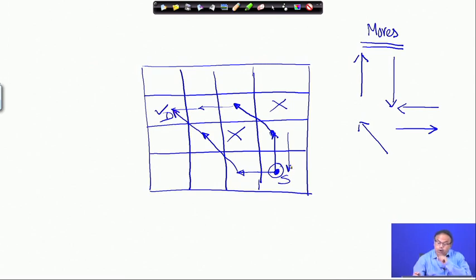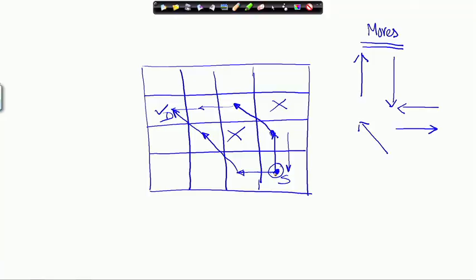Now, the scenario becomes a little more complex when each of these moves has a different cost. Suppose I have to pay more or put in more effort for moving from this point to this point in a diagonal manner. It is much easier to move in a horizontal manner. So, this is another type, then the problem would have been a little more complex.